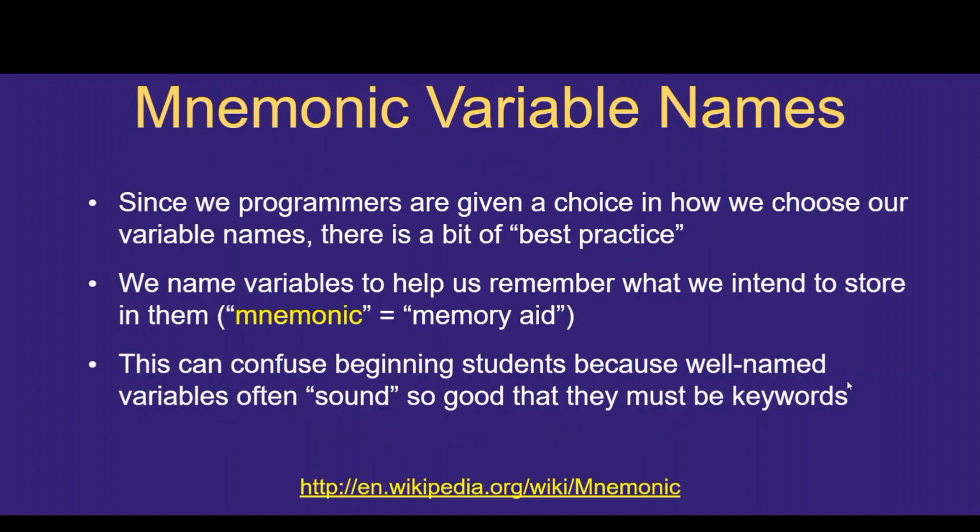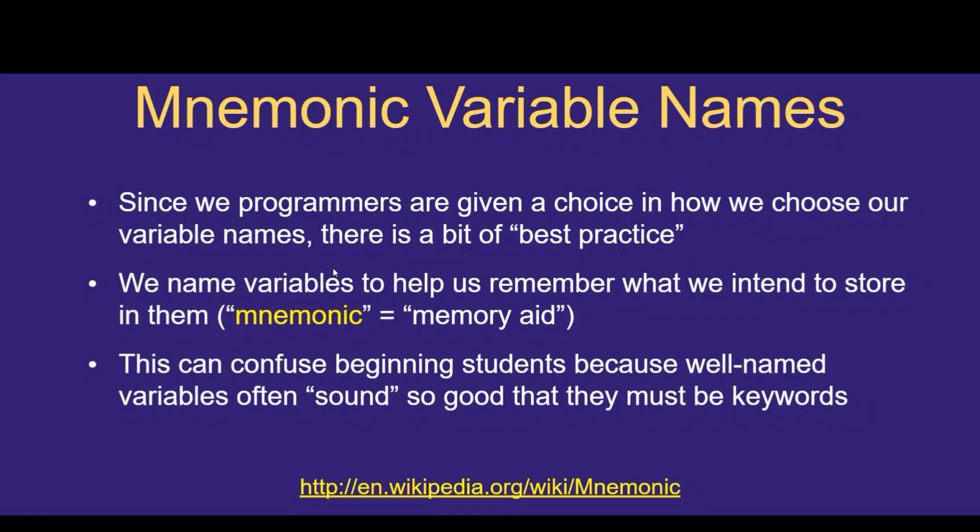Now let's move to the next. Mnemonics. A mnemonic variable name is a memory aid. What do I mean by mnemonic? Since we programmers are given a choice in how we choose our variable names, there is a bit of best practice on how to go about this.